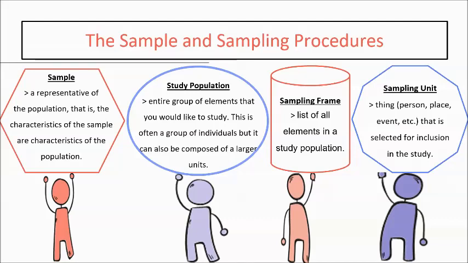It can be preschool, elementary, high school, junior high school, senior high school, college, and even graduate school. That is called the sampling unit. So when we are using these definitions or terms, those are what they mean.